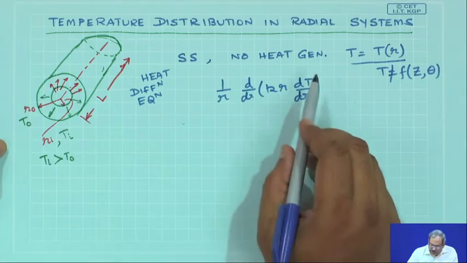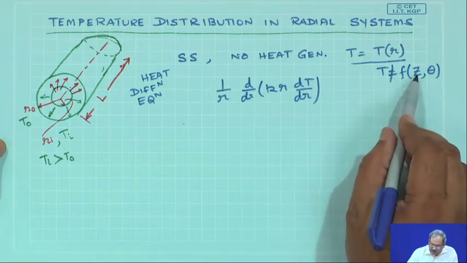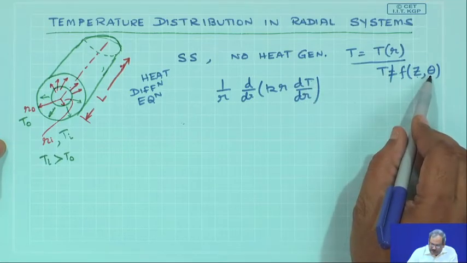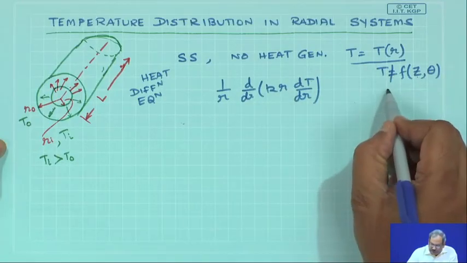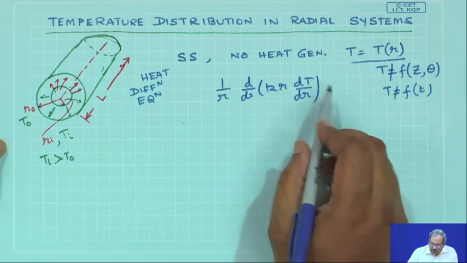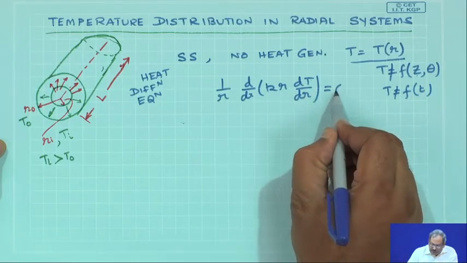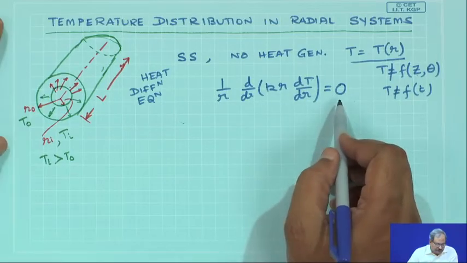So all the terms containing gradient of T with respect to z or with respect to theta can be cancelled. It is a steady state one, so T is not a function of time, and there is no heat generation. So if you look at the heat diffusion equation, this is the form it is going to take.